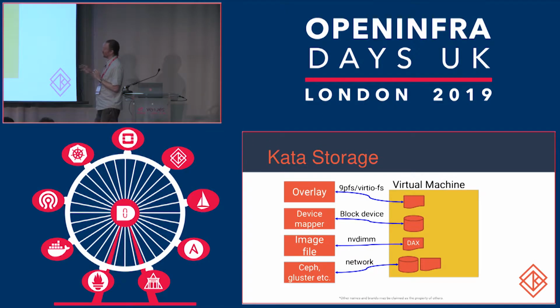And then if you're not block mapping, the default today is we use a 9pfs file system. And that works in 95% of cases, but it's not the most performant way of mapping files across into a VM. I don't know if we've got Stefan or David in the room, but some guys in Red Hat recently did some work, really nice work. They've come up with virtio-fs. This is a virtualized file system using the Linux FUSE interface.